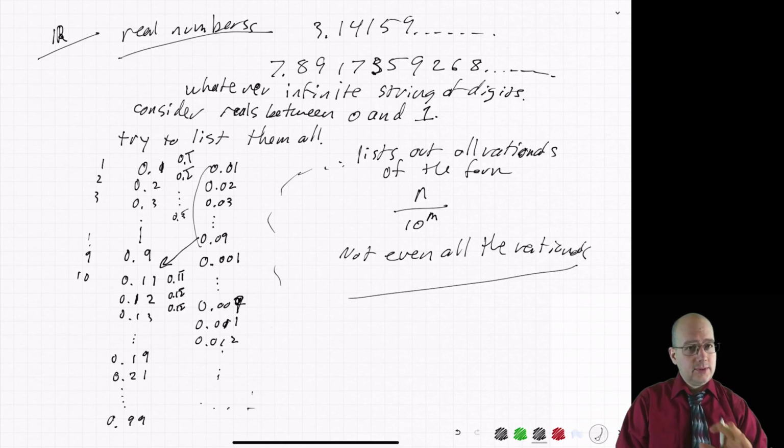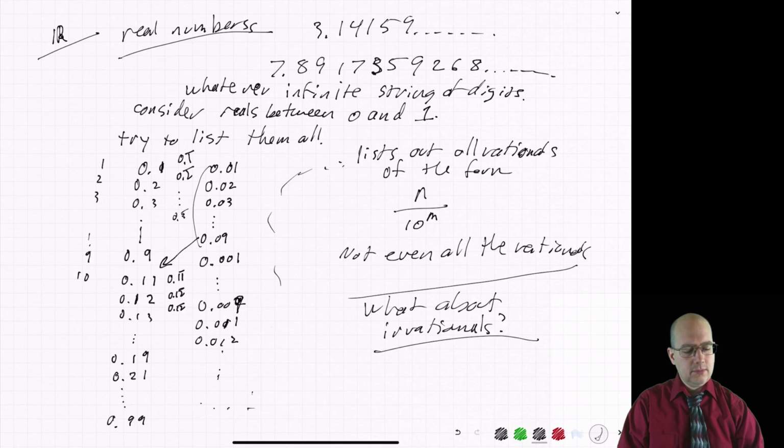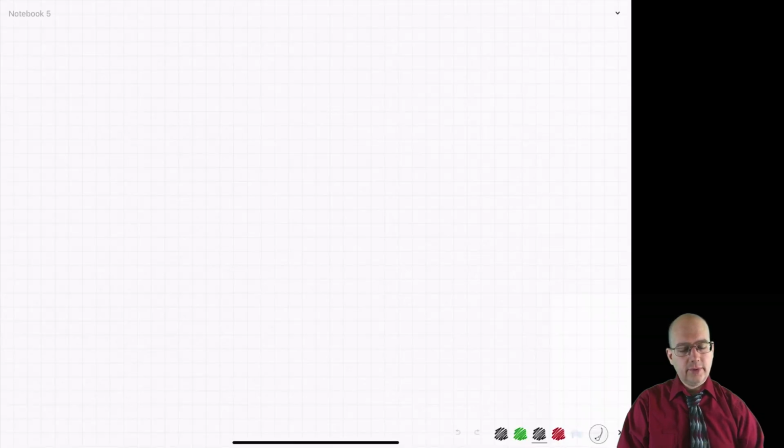But that still doesn't get the numbers that don't have that kind of nice repeating pattern, the irrational numbers. What about irrationals? So these are like the square root of 2. Right, we probably demonstrated that can't be a rational number. That's for another video.